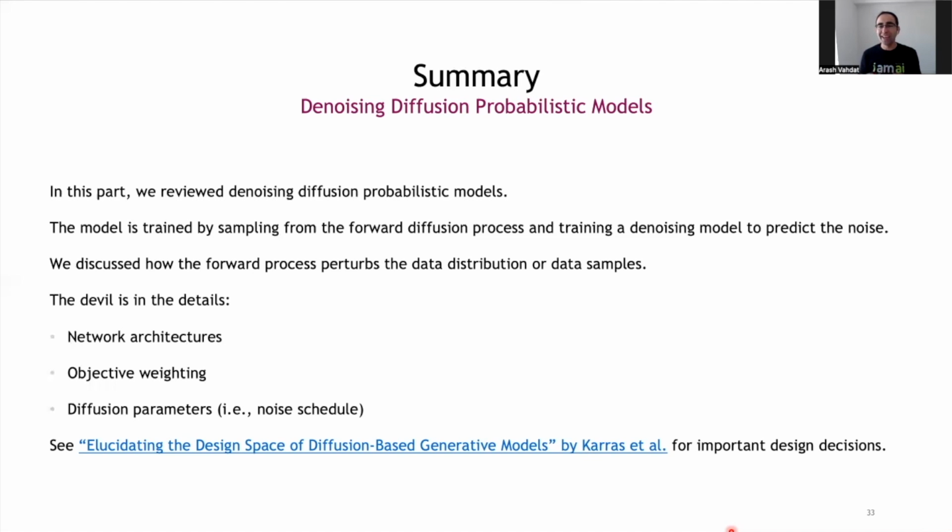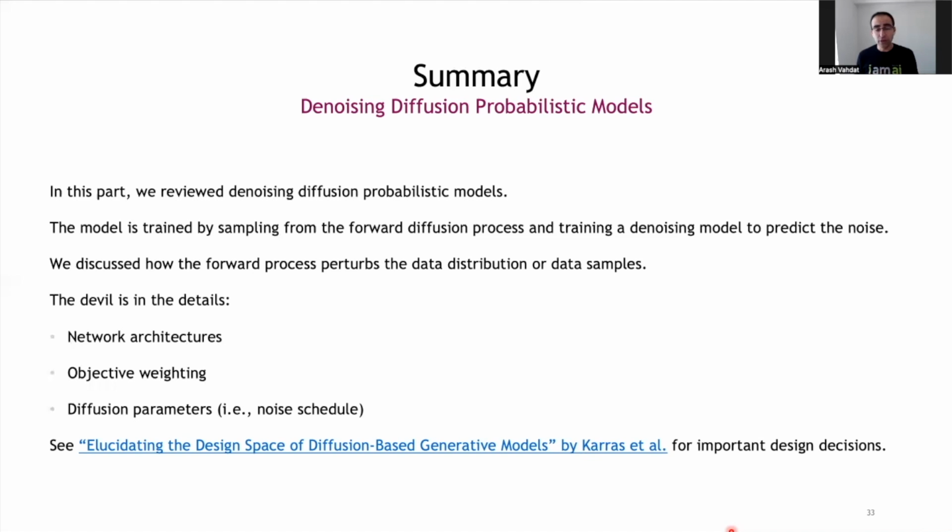But of course, like any other deep learning framework, the devil is in the details. The network architecture, objective reweighting, or even diffusion parameters play a key role in getting good, high quality results with diffusion models.